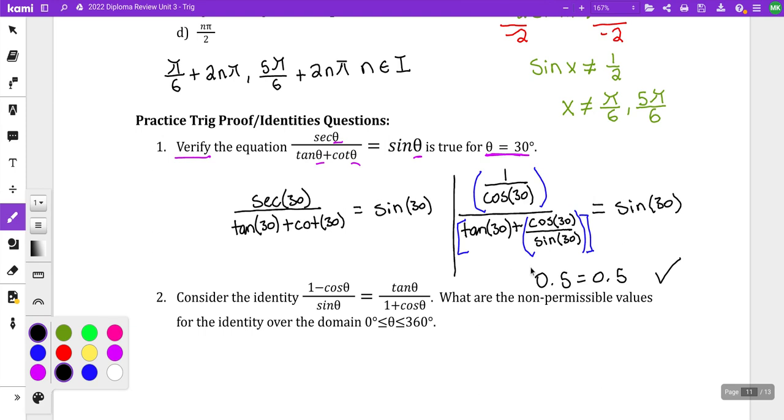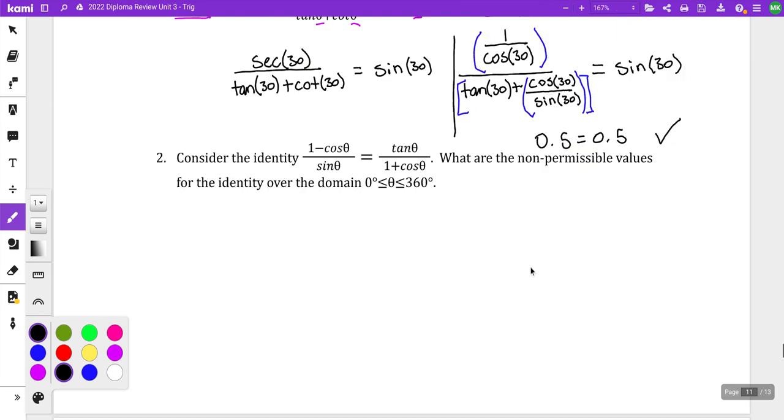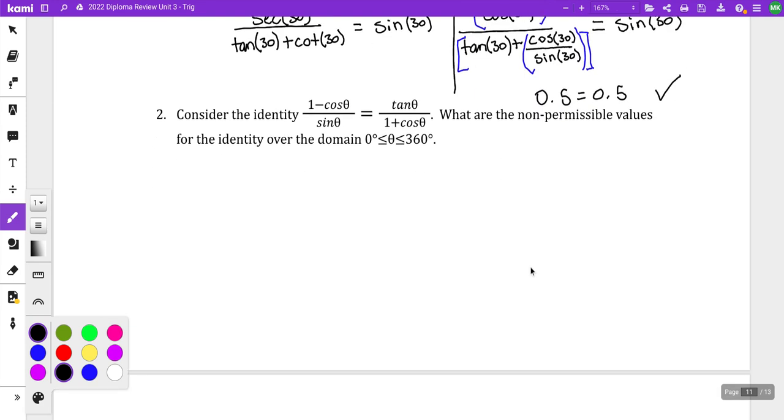Okay, this guy. Consider the identity 1 minus cos theta over sine theta equals tan theta over 1 plus cos theta. What are the non-permissible values? It means when are we dividing by 0? What would make you divide by 0?